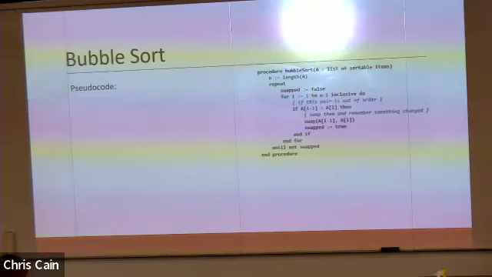We're going to go into a loop. We're going to set some Boolean that we're going to call swapped to false. We are now going to go through the list and determine if the current pair is out of order. So looking at the element before, A of i minus 1, and comparing it to A of i. If they're out of order, we're going to swap them, but also remember that we swapped something.